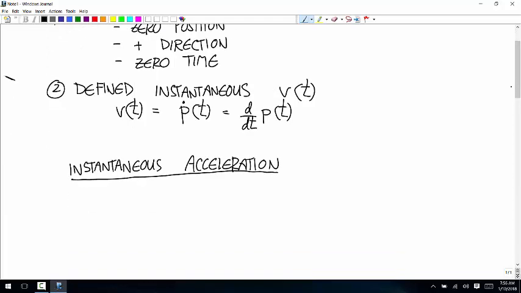You can think of this intuitively as how quickly the velocity is changing at a given instant.